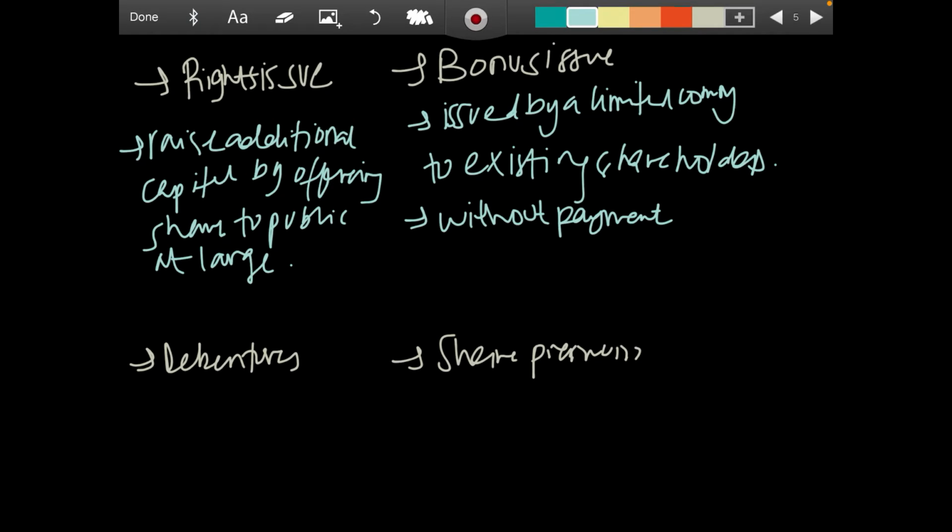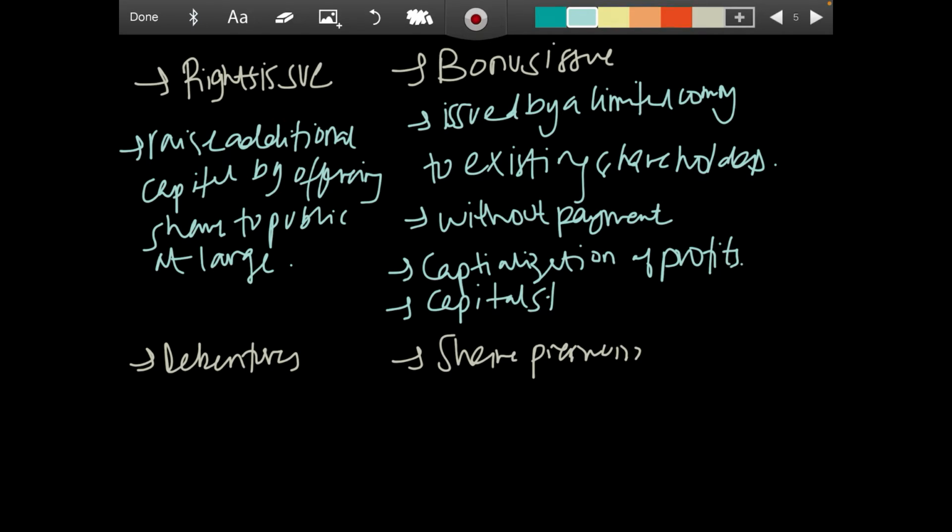So this basically means capitalization of profits and this has no effect on the capital structure of the company.